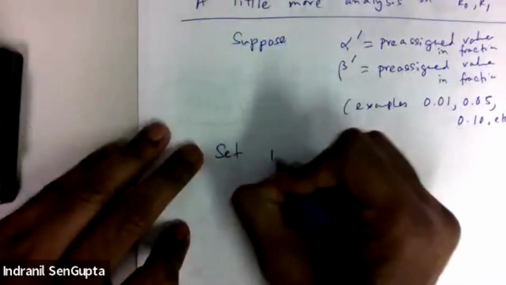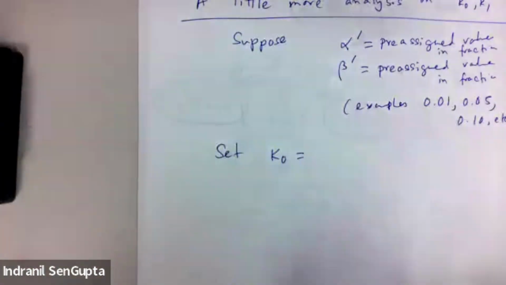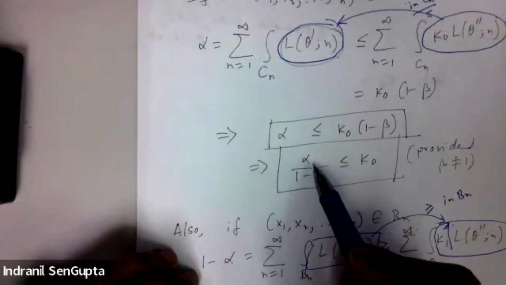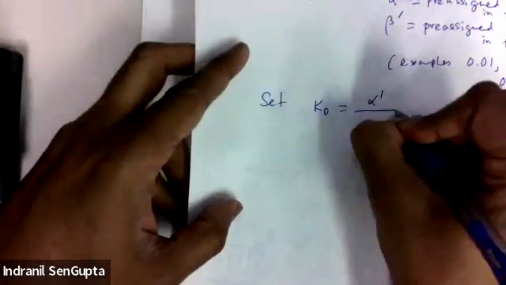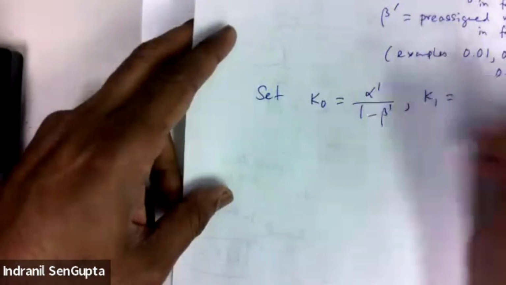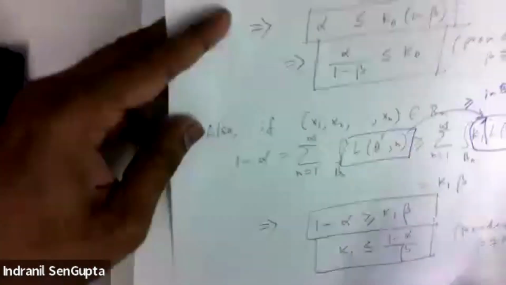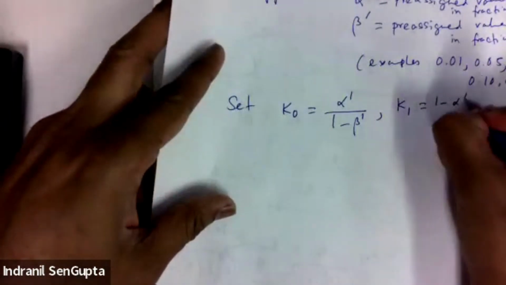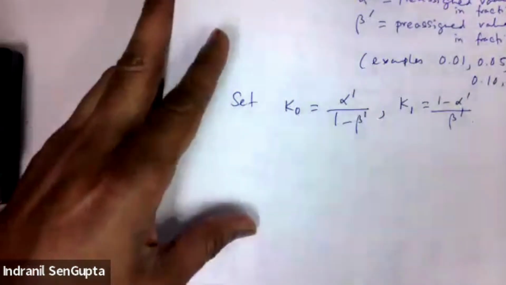Set my k0. Remember what was k0? So k0 was bigger than or equal to this one. So suppose I set this equal to, with this pre-assigned value, alpha prime over 1 minus beta prime. And I set k1 equal to, remember, this k1 got to be less than 1 minus alpha over beta. So let's write this as 1 minus alpha prime over beta prime.